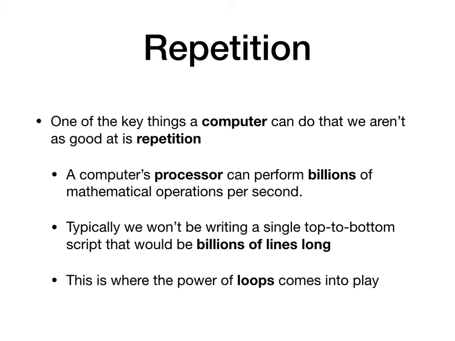But we're not going to be writing a script to take advantage of doing a billion lines of code. That's way too big, right? And as we've already seen, we're already interested in reducing things by putting them into functions, putting them into variables, that kind of stuff. What we're going to get into, though, is loops.